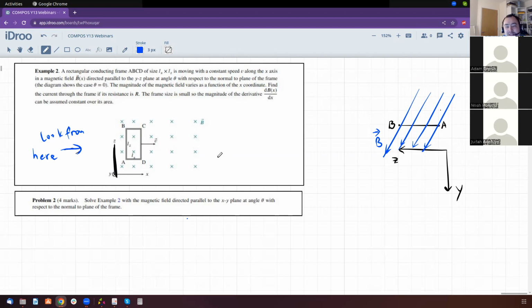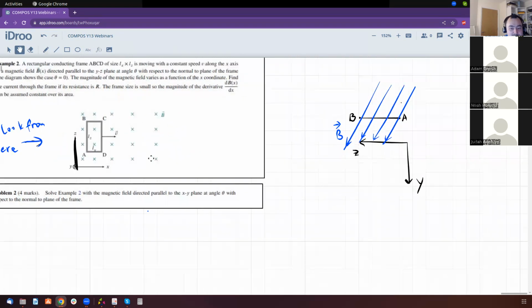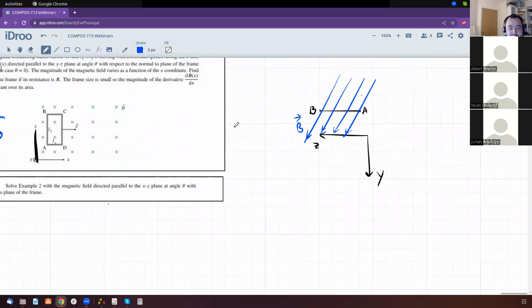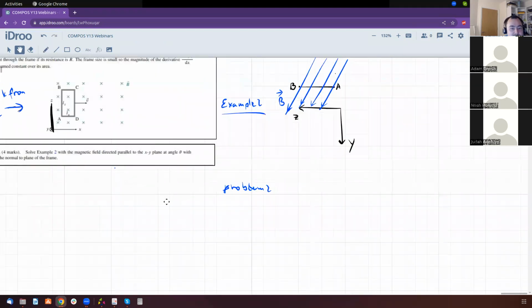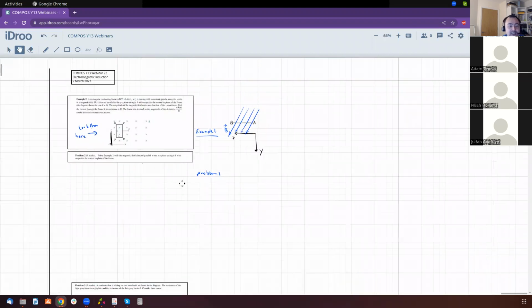Right. Okay, so this is example 2. In problem 2, the difference is that the magnetic field is in the other plane.